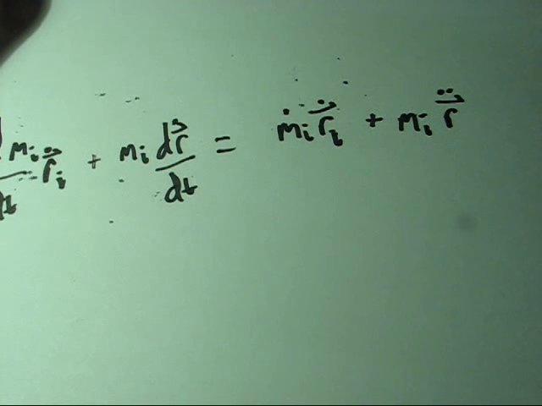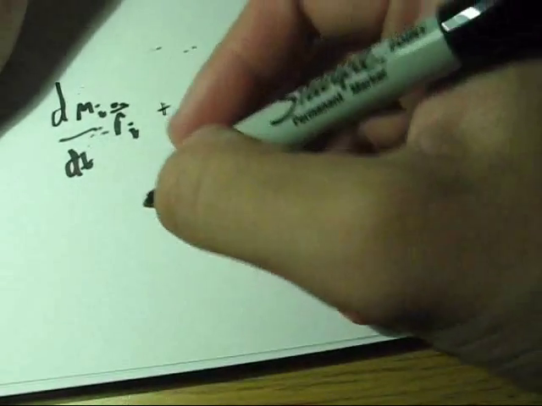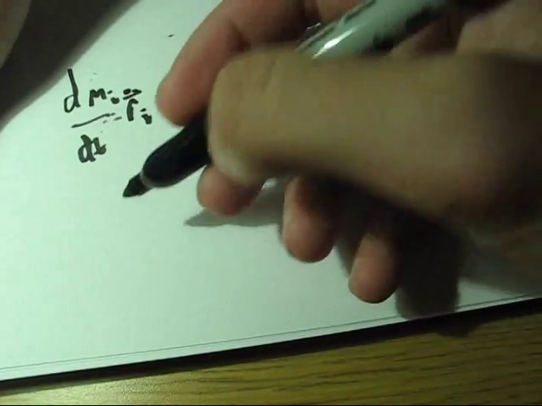Now you divide through by mass, mi may be a function of time, and you get the equation of motion.